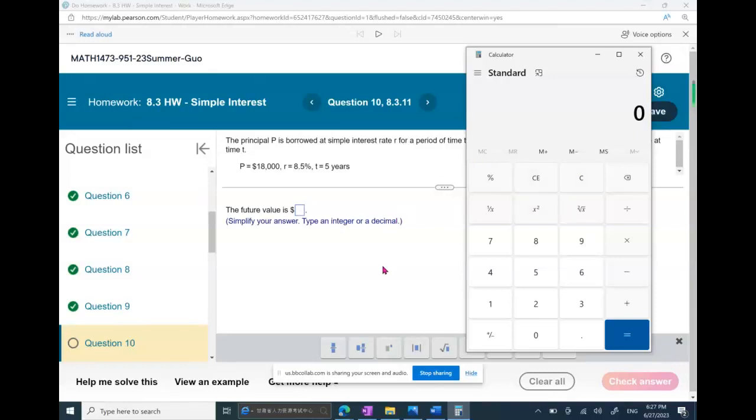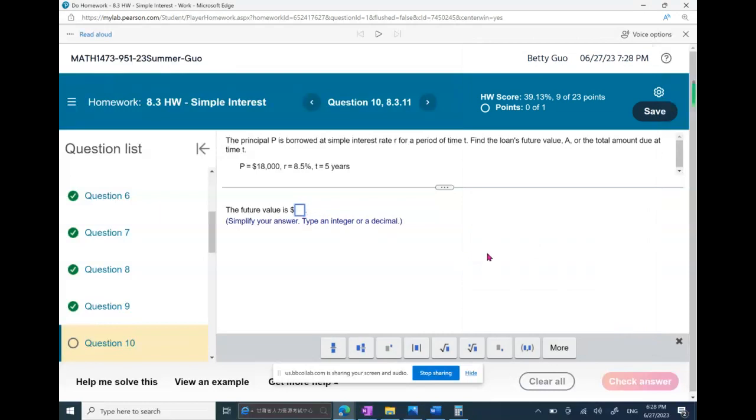Simple interest I equals P times R times T. P is 18,000, multiplied by the annual interest rate 8.5%, 0.085, and then multiplied by 5 years. Add that money to 18,000. So you're going to pay back $25,650.